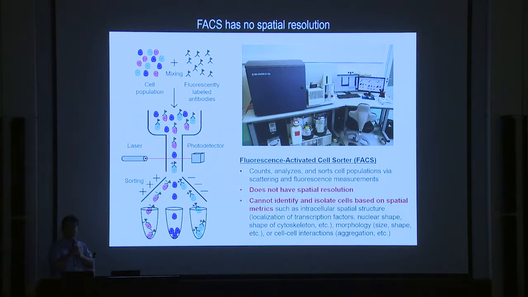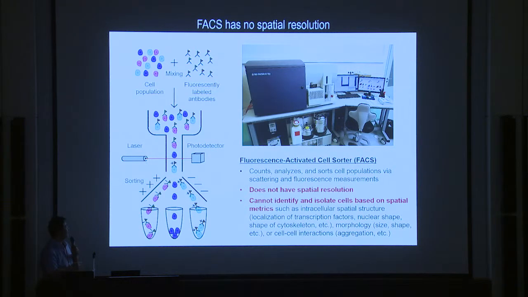There's an automated system called FACS, fluorescence activated cell sorting, or cell sorter. It counts and analyzes a large number of cells in real time based on scattering and fluorescence measurements. Basically, you have a cell population, you mix it with fluorescently labeled antibodies, and then you flow them through this tube.